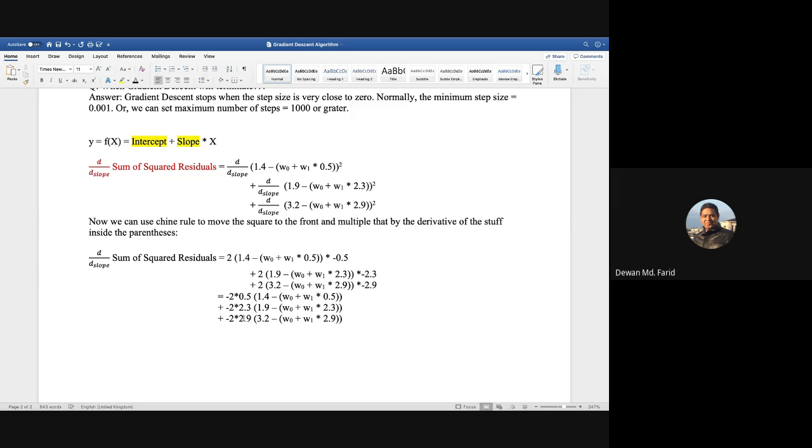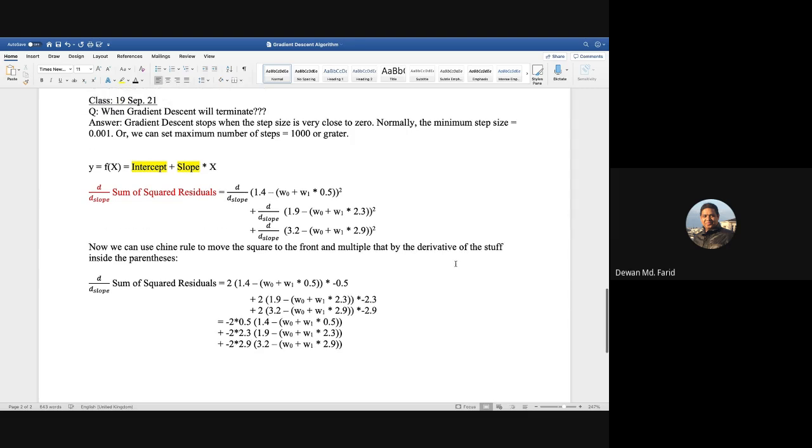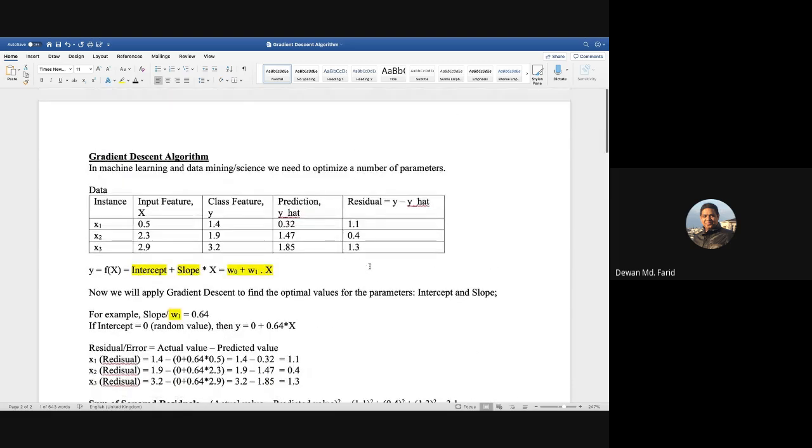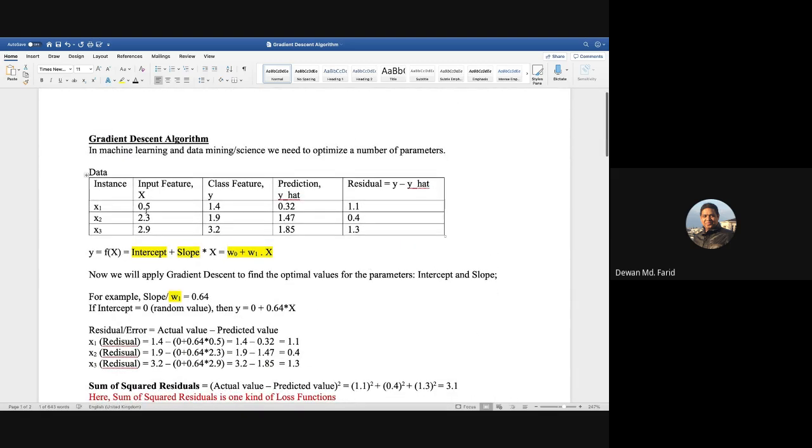So these things like 0.5, 2.3, 2.9 are basically the values of x. Is it clear? Yes, sir.